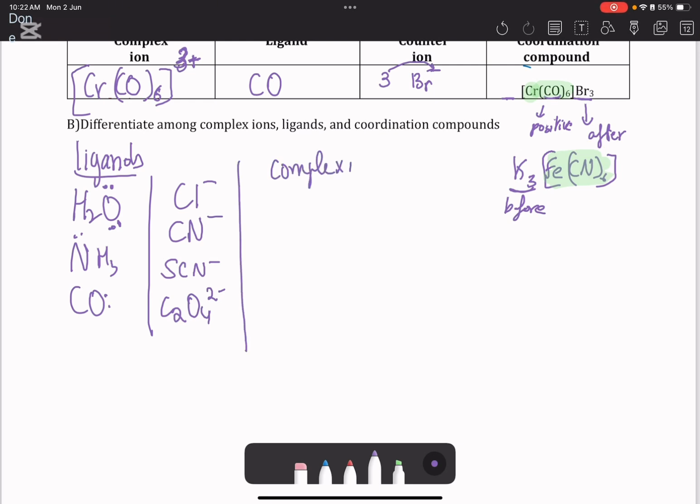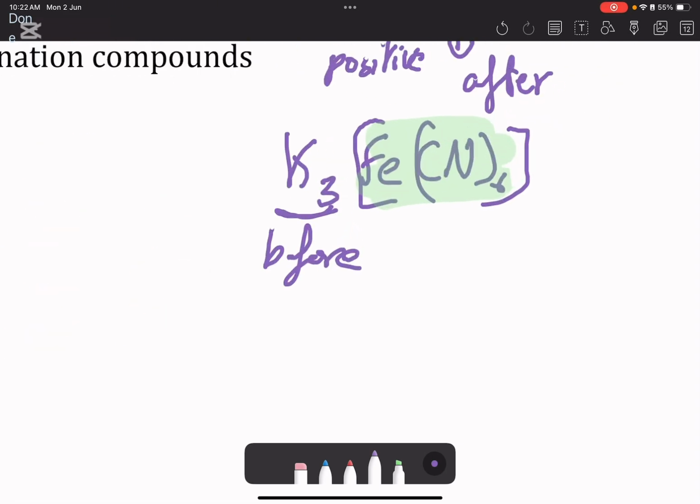So, complex ion is when the ligands combine with the monoatomic ion, which is the metal. And usually it's more than one ligand that combine together. So I'm going to give you some examples over here, like [Fe(CN)6]. How do I know the charge?